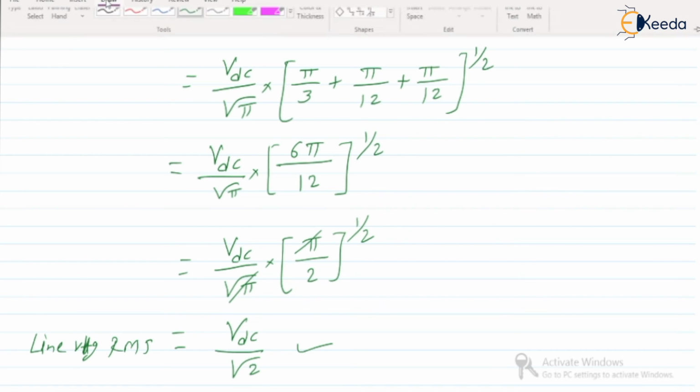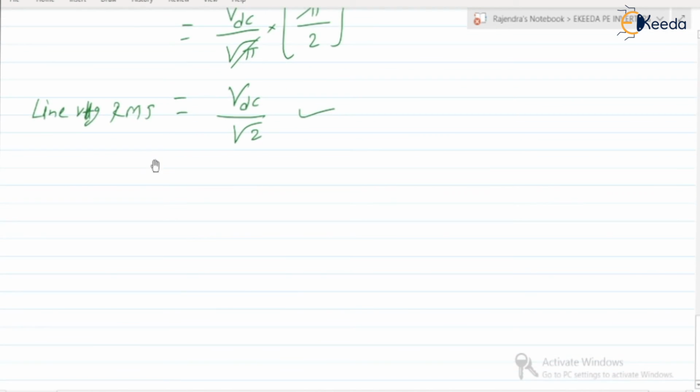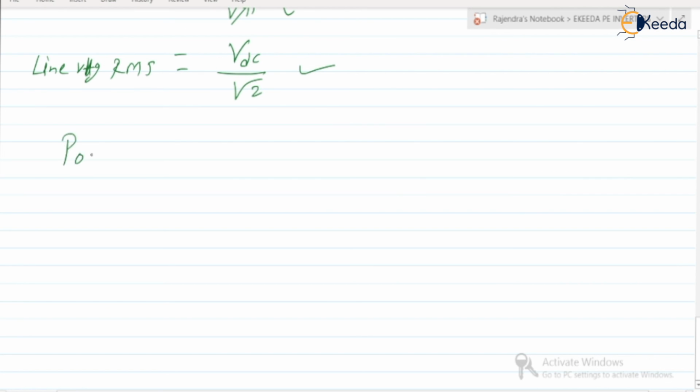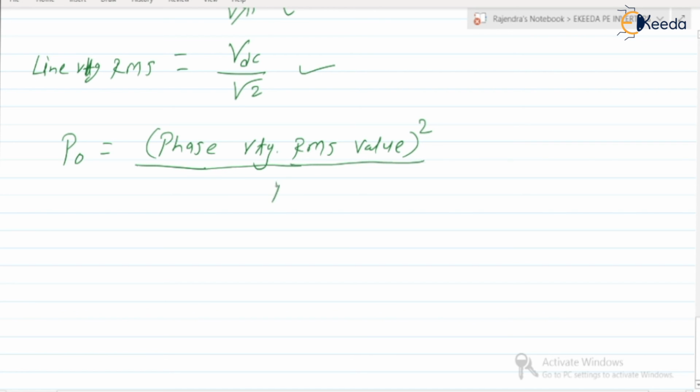Next, what about the load power? We can write the load power P0 as the RMS value of the phase voltage squared divided by R. This is the per phase power, into 3 because we have a 3 phase load.